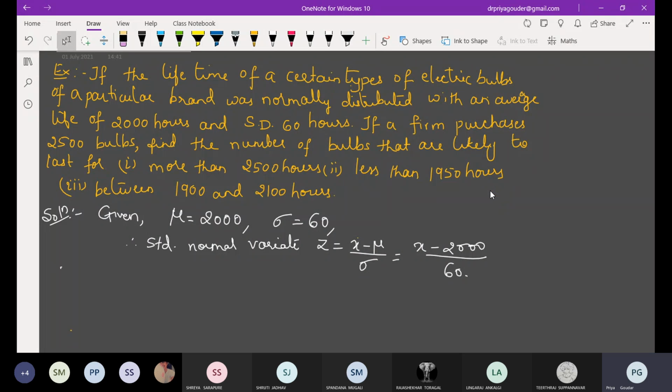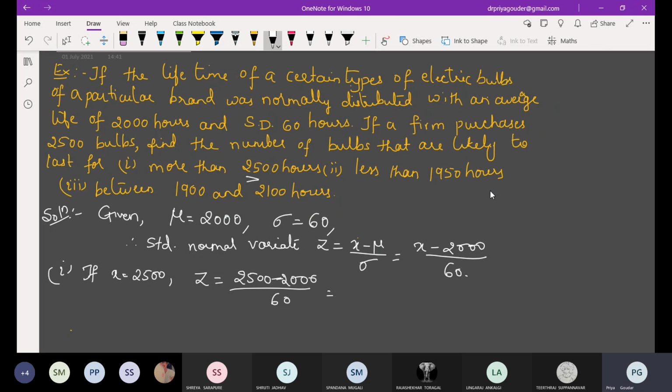Now we have to go on changing X according to the given conditions, isn't it? So what is the first condition they have asked? How many bulbs among 2500 are likely to burn for more than 2500 hours. So taking the value of X as 2500, let us find Z. If X is equal to 2500, 2500 minus 2000 divided by 60, that is 50 by 6.